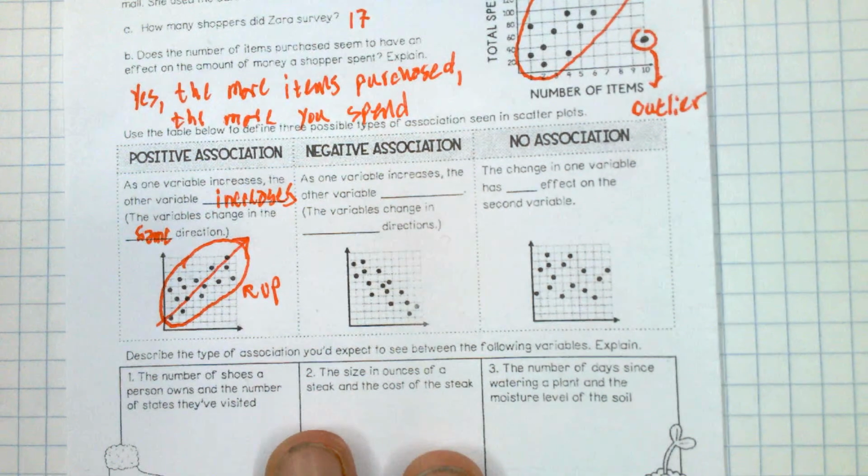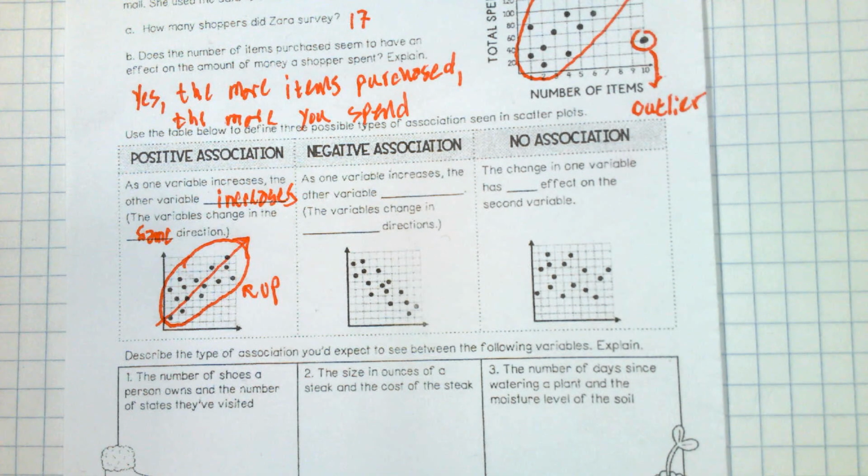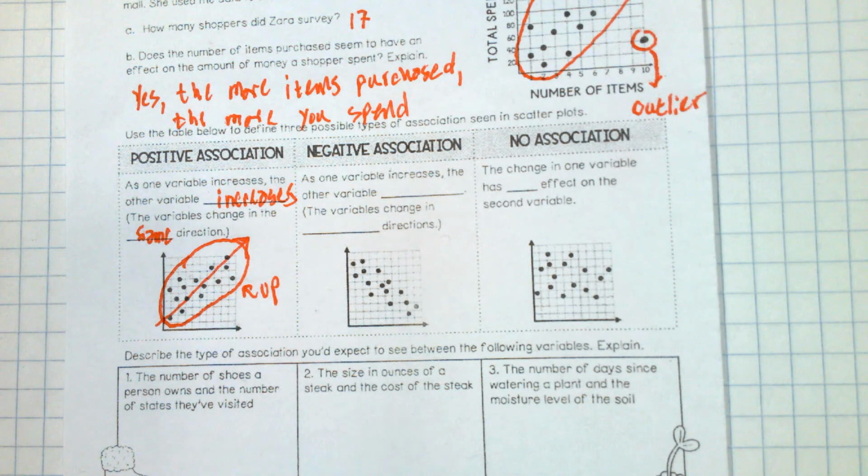So an example of that might be, maybe we're measuring the temperature here on the x-axis, and maybe over here we're measuring how much ice cream is sold, the amount of gallons of ice cream sold. So as the temperature increases, what can we say about the amount of ice cream sold? Will it increase or decrease as it gets hotter? Increase, right? That would be something like this.